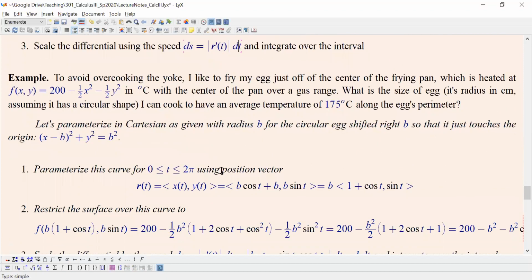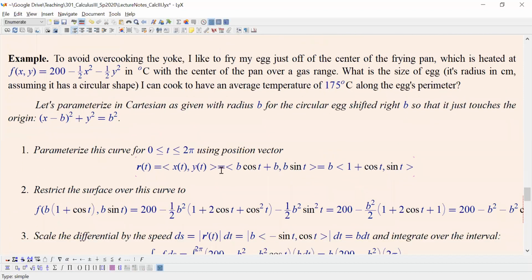So for this example, I want to cook an egg. And to avoid overcooking the yolk, I like to fry my egg just off the center of the pan, which is heated according to a function 200 minus half of x squared minus half of y squared.